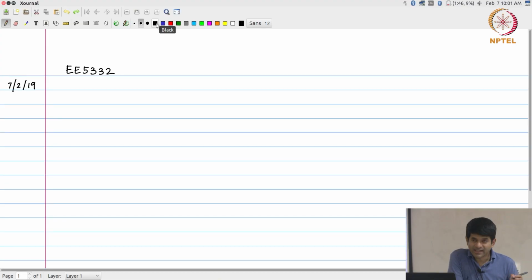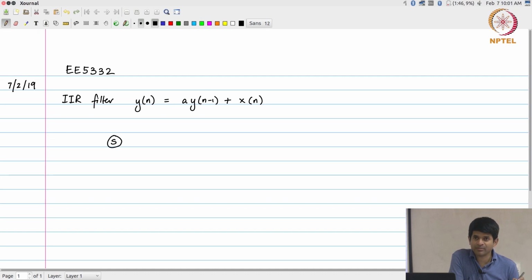Okay. So the example that we were working with yesterday was an IIR filter with the equation y of n equals a times y of n minus 1 plus x of n. What we saw was that one possible representation of the data flow graph for this could look something like this. There is a source that emits x samples.